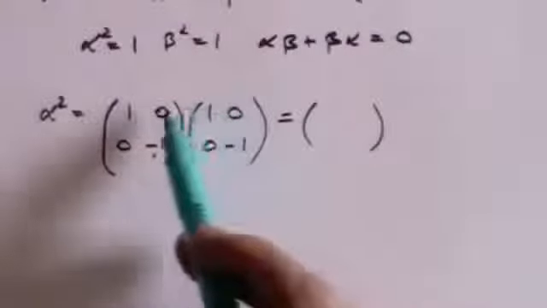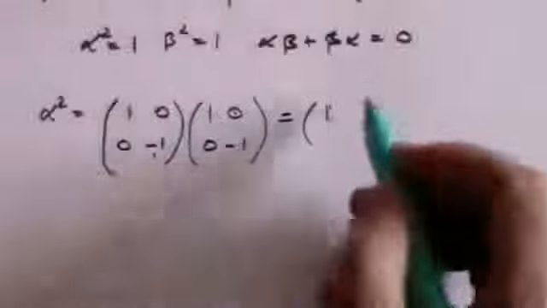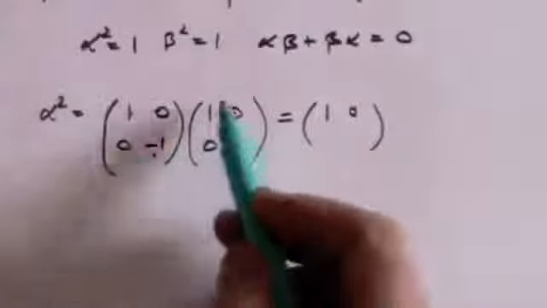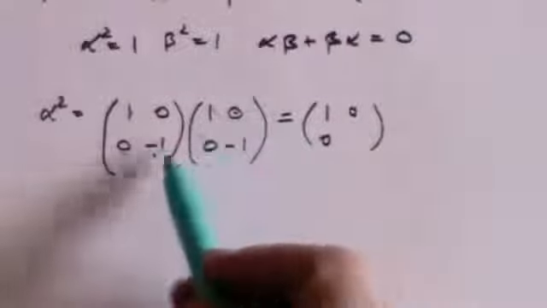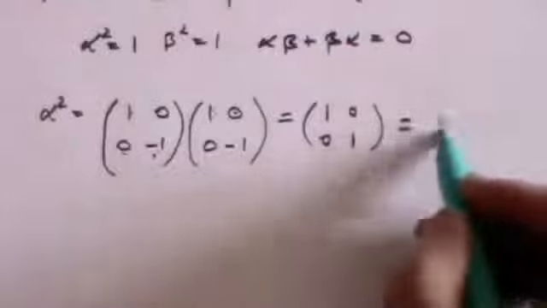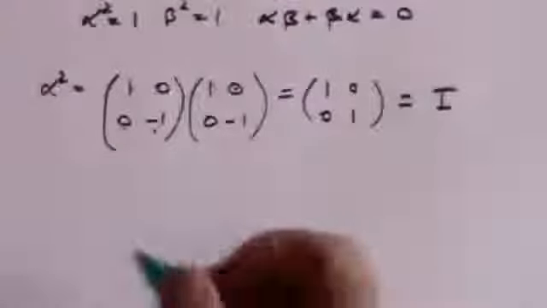So let's just do the calculation. 1 times 1 plus 0 times 0 is 1. 1 times 0 plus 0 times minus 1 is 0. 0 times 1 plus minus 1 times 0 is 0. 0 times 0 plus minus 1 times minus 1 is plus 1. That is the identity operator, the matrix equivalent of 1. Phew, alpha squared does indeed equal 1.